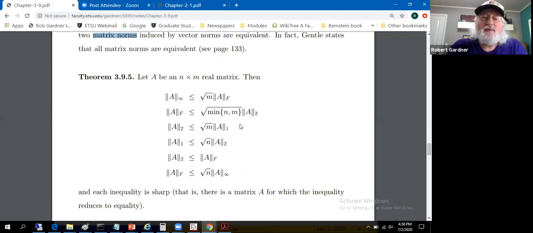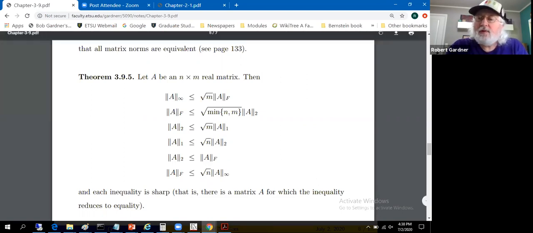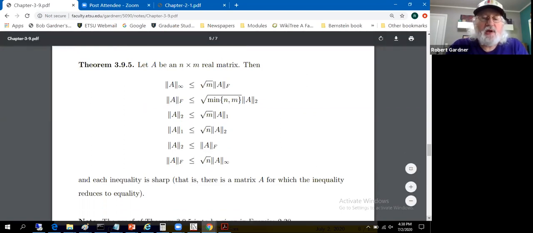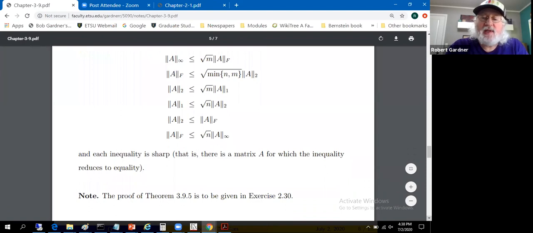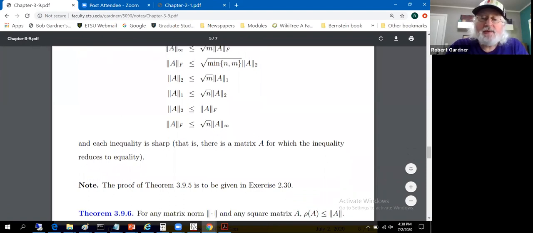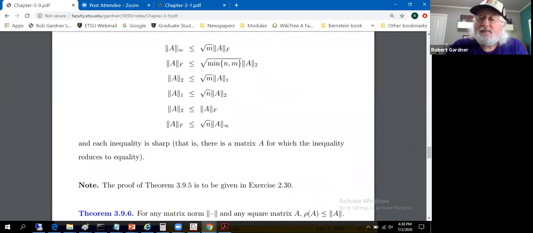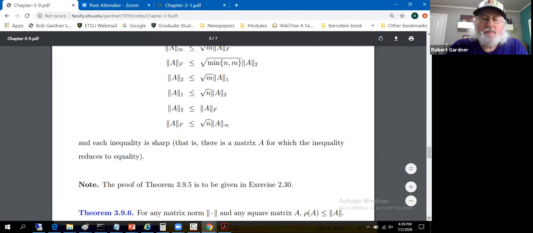But these are specific constants that can be put on certain norms as compared to certain other norms. The norms mentioned here: the infinity norm, the L1 norm, the L2 norm, and the Frobenius norm. So proofs of those relationships are left as an exercise. It's back at exercise 2.30.